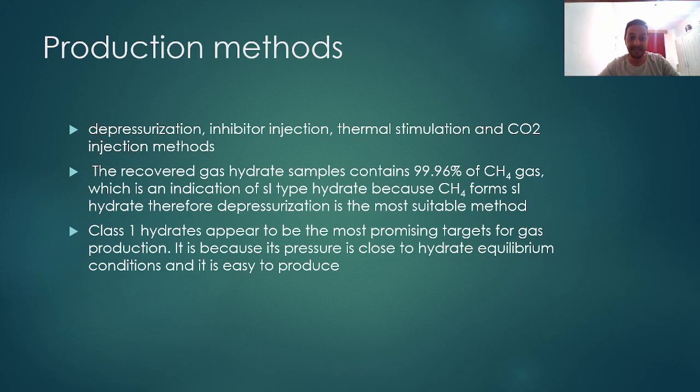Class 1 hydrate appears to be the most promising target for gas production. It is because its pressure is close to the hydrate equilibrium condition and it is easy to produce.